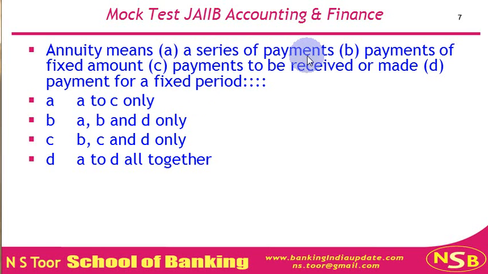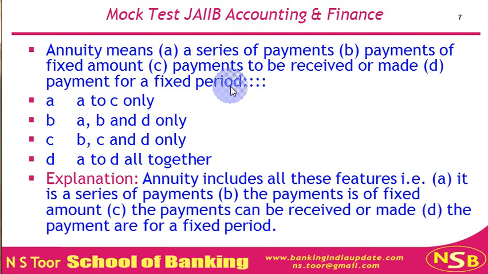And this payment relates to a fixed amount for a fixed period. Now this cash can be inflow or outflow. Hence, all these taken together define the annuity. Hence our answer should be D. A to D taken together is our answer, because annuity includes all these features.